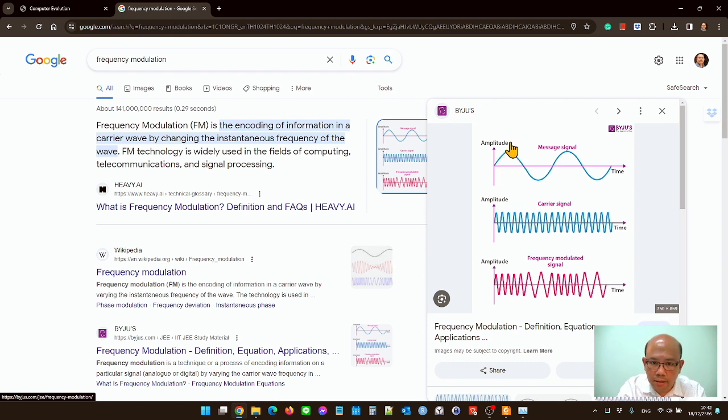Here this is the signal from the voice. This is a high volt, and this is a low volt. At the high volt, the waveform is very tight, sometimes called high frequency. Here at the low voltage, this is a low frequency.